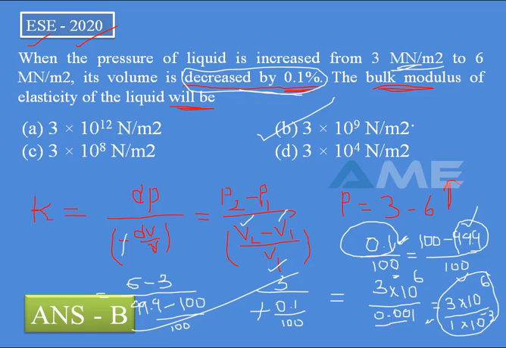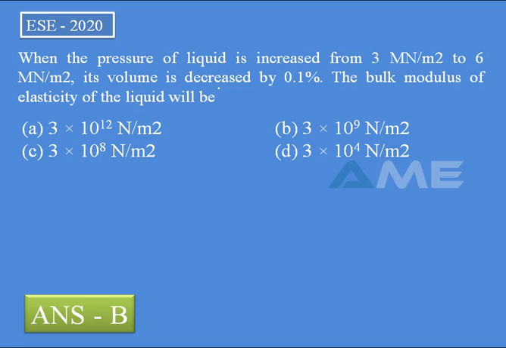And the issue is here it is decreased by 0.1%. What happens if the problem is changed to decrease it to 0.1%? What happens then? We'll see. Decrease it to 0.1%, then what happens?